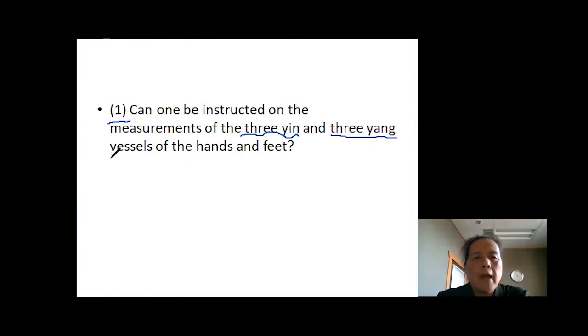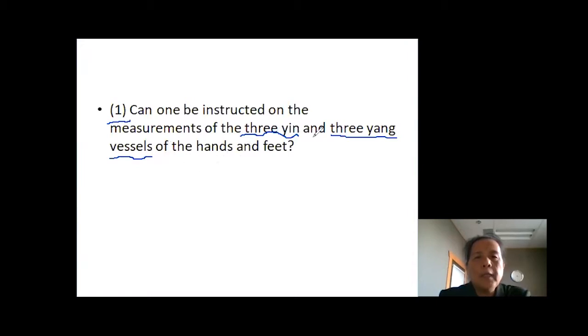Here the word vessels you need to change to channel or meridians. The translator in this book sometimes makes it confusing. Sometimes they use vessels for the pulse, sometimes they use vessels for the channels and meridians. So here, truly, you can change it into channel or meridians.